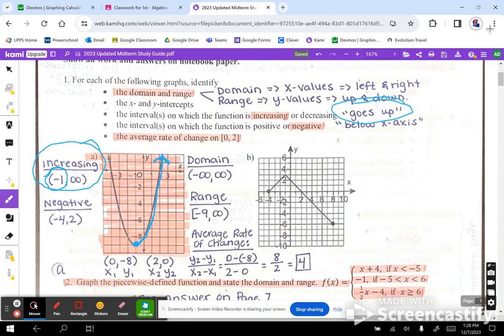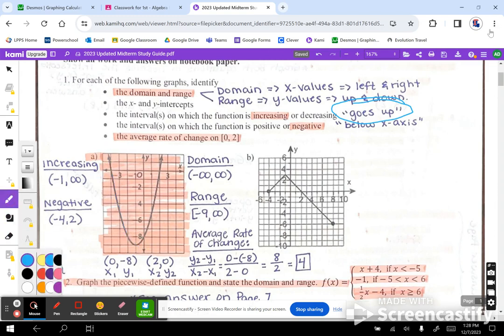So where does it start going up? At this point where x is negative 1. Negative 1, positive infinity, continues in the right positive direction for increasing. Decreasing, we don't care about it right now. I only want you to focus on increasing, but decreasing would be this interval, okay, because it goes down.